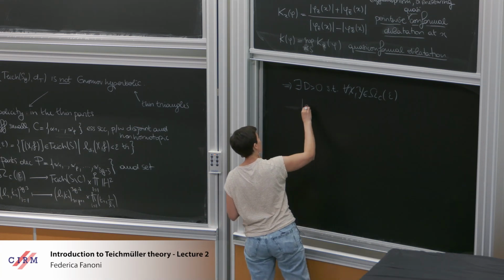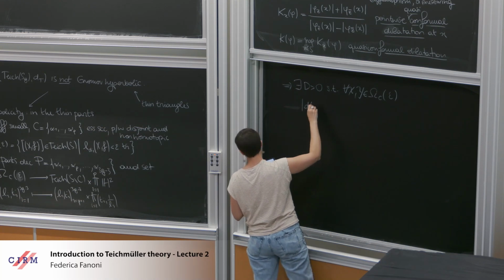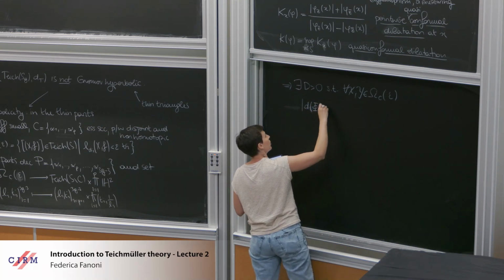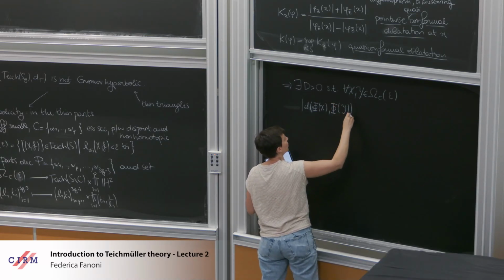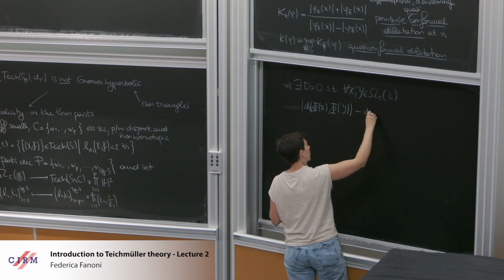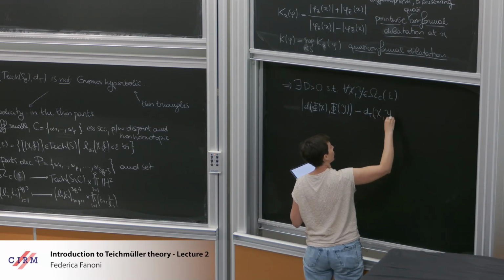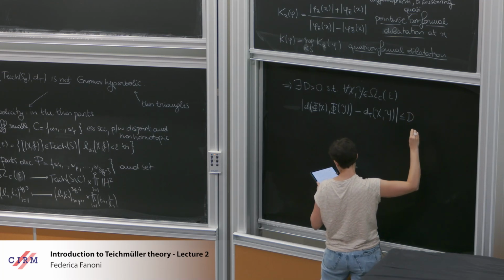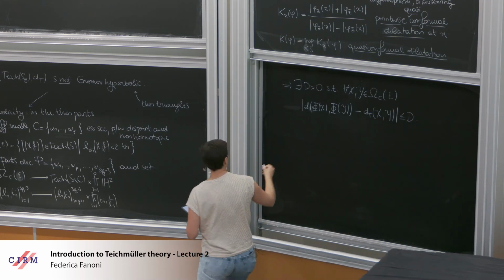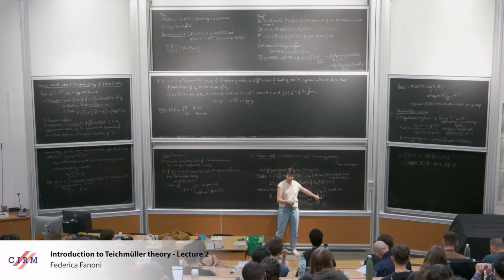So the distance of the images minus the Teichmüller distance of the points themselves is at most D. Here the distance comes from the Teichmüller distance, and here every time it's just a hyperbolic distance.